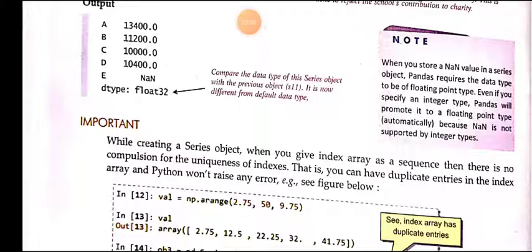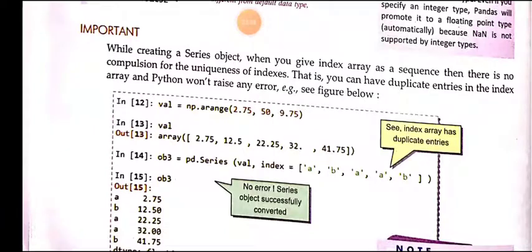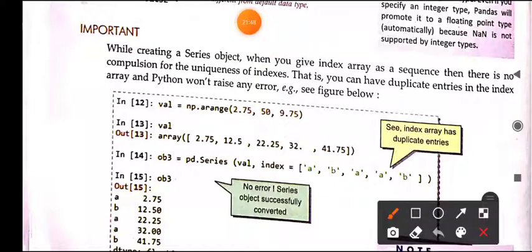For example, if we are writing val is equals to np.arange 2.75, 50 and 9.75, at that time the array which we are going to get is 2.75, 12.5, 22.25 and so on. And then if we have written pd dot series val index is equals to a b a b, now you can see the values of the indexes are repeated.